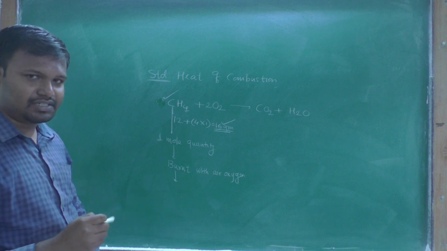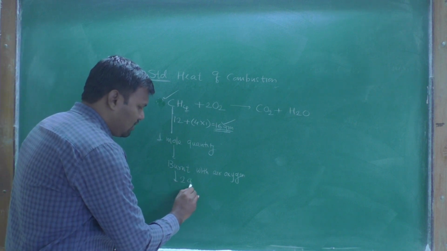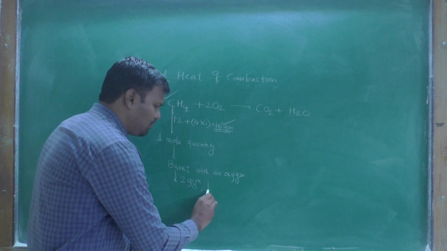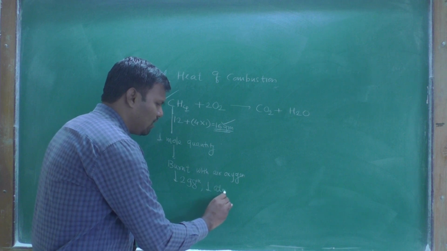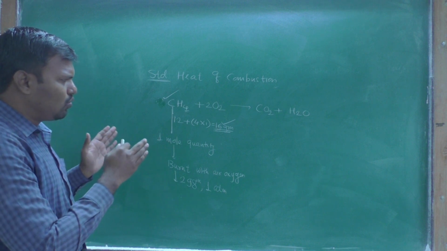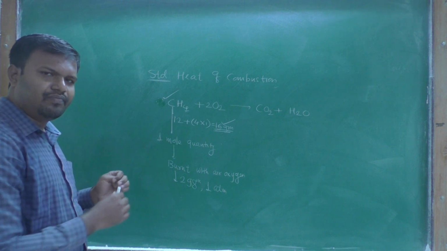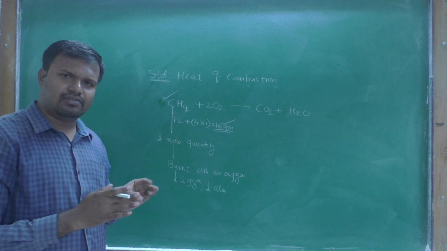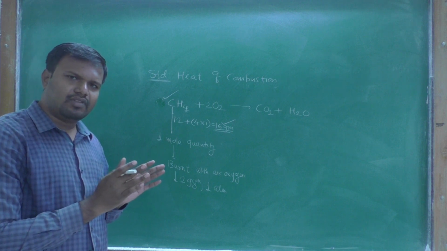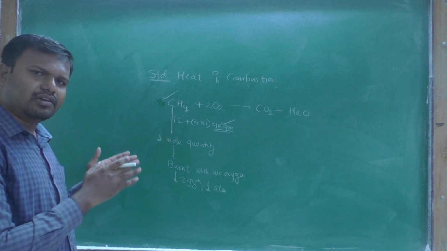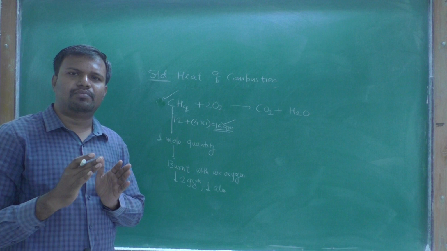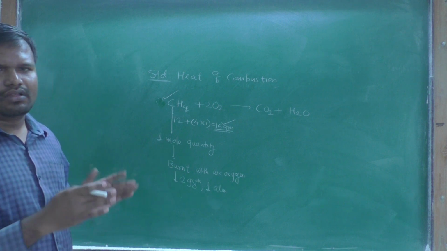What are these standard states? The standard states are 298 degree Kelvin temperature and atmospheric pressure of 1. This you have to maintain, and you have to burn 1 mole of methane molecule. Totally the change in heat is called the standard heat of combustion, and you have to maintain the standard states.